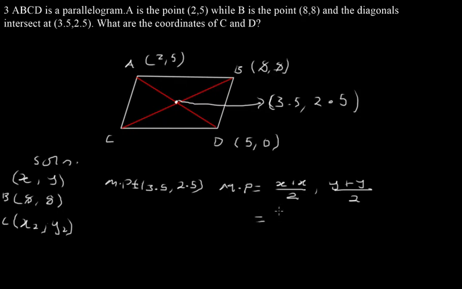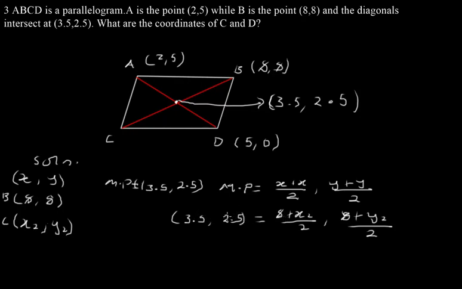We have 8 and x2, so 8 plus x2 over 2, y, which is 8 as well, plus the other y, which is y2 over 2. And for the midpoints, we have 3.5, 2.5.